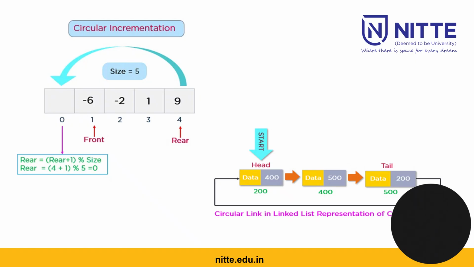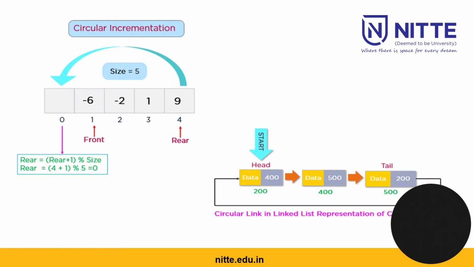You can see this diagram also, the circular linked list representation. Data 400 is this one, this is the address of this node, and it is pointing to this 400. That data is there, and the address of the next node is this one. So 500 is stored here, it points to this.